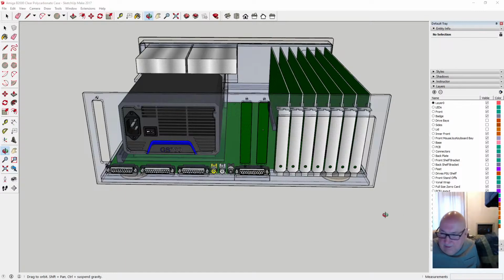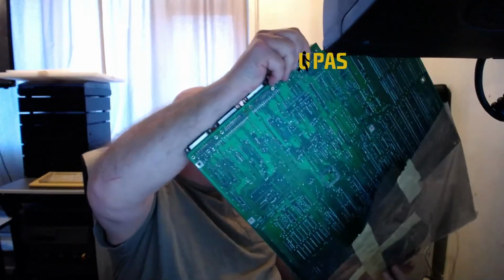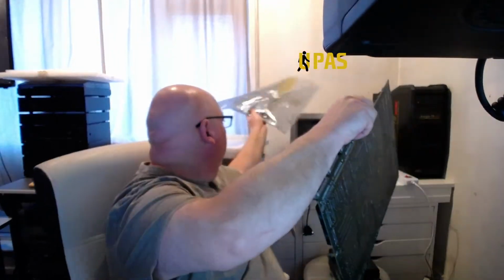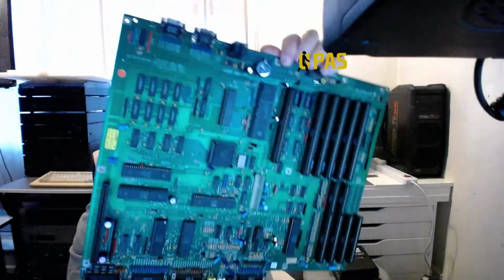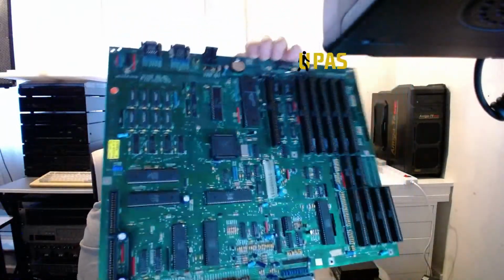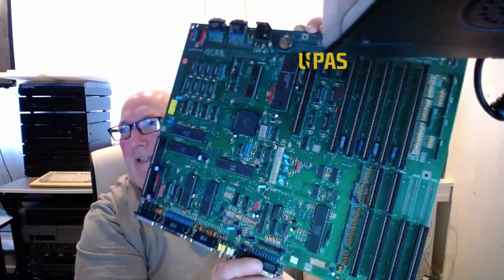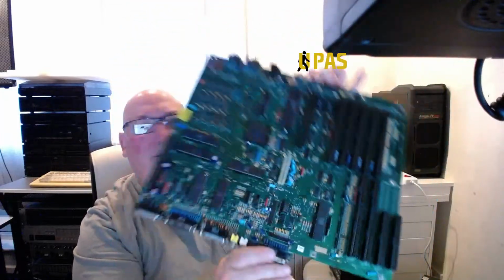Let's go on to this one. Got my spare mainboard. I'll use this for the slot size. There it is. Little beauty, thing of beauty, only because it's an Amiga. But if it was an old PC board, nobody'd look at it twice. Anyway.